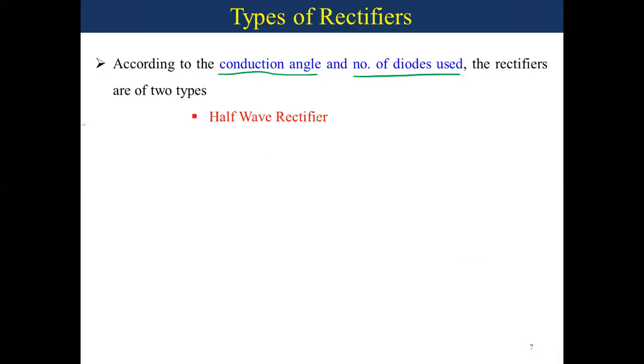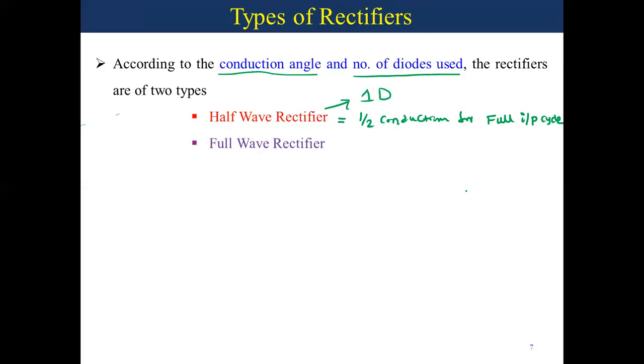Half wave rectifier means there is half conduction for the full input cycle. In this half wave rectifier, only one diode is used. Only one diode is sufficient to convert bidirectional AC to unidirectional DC.